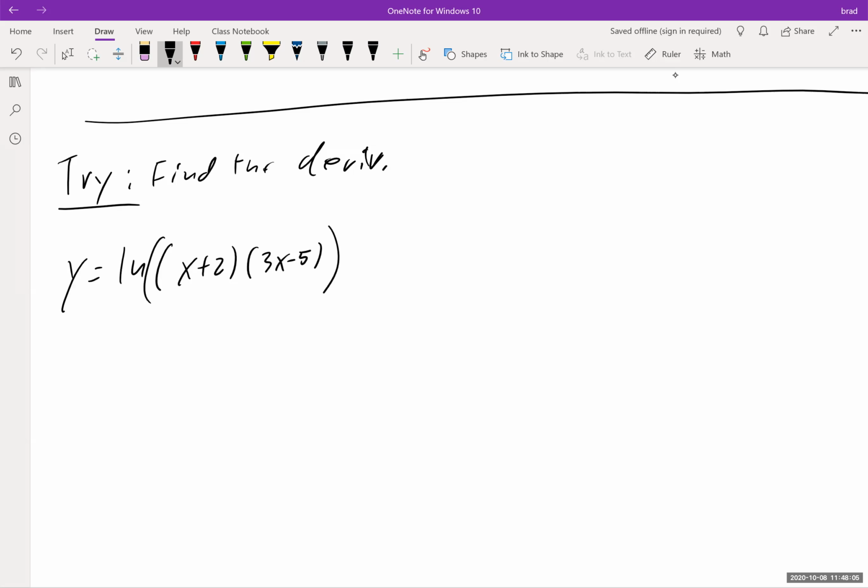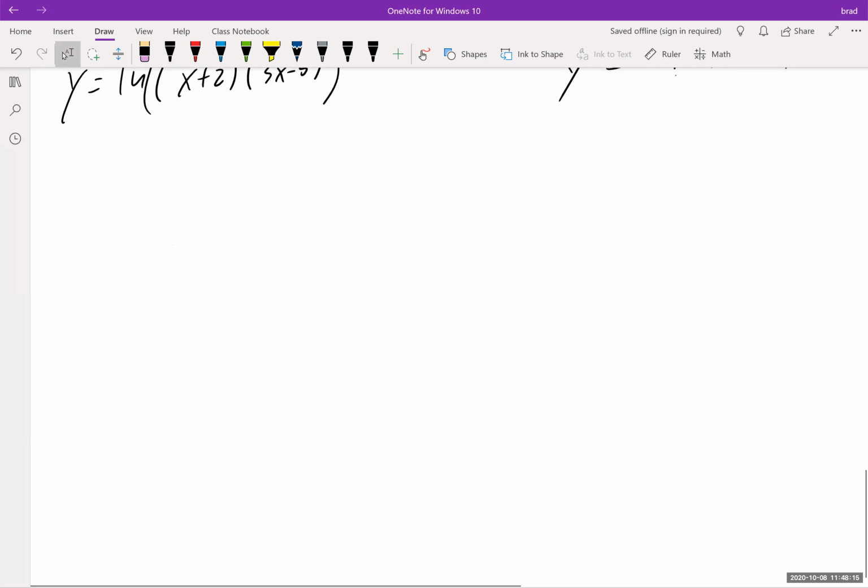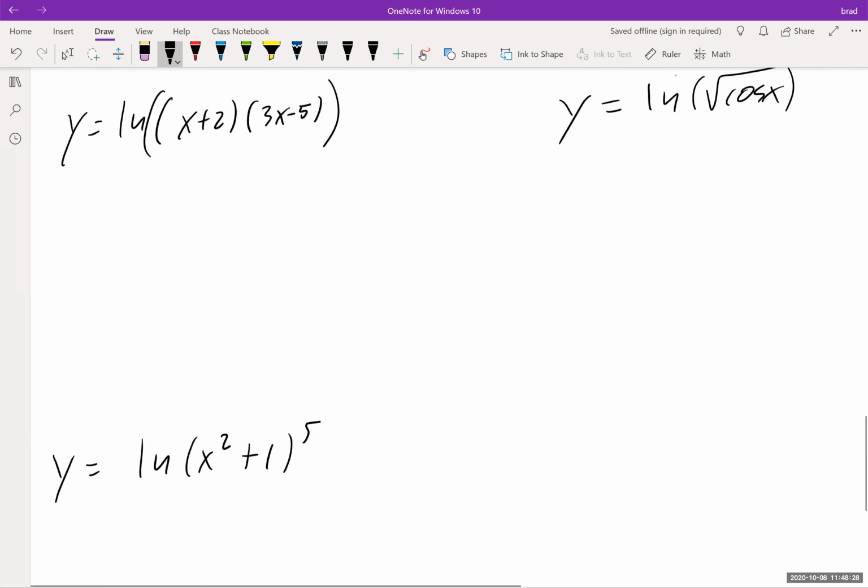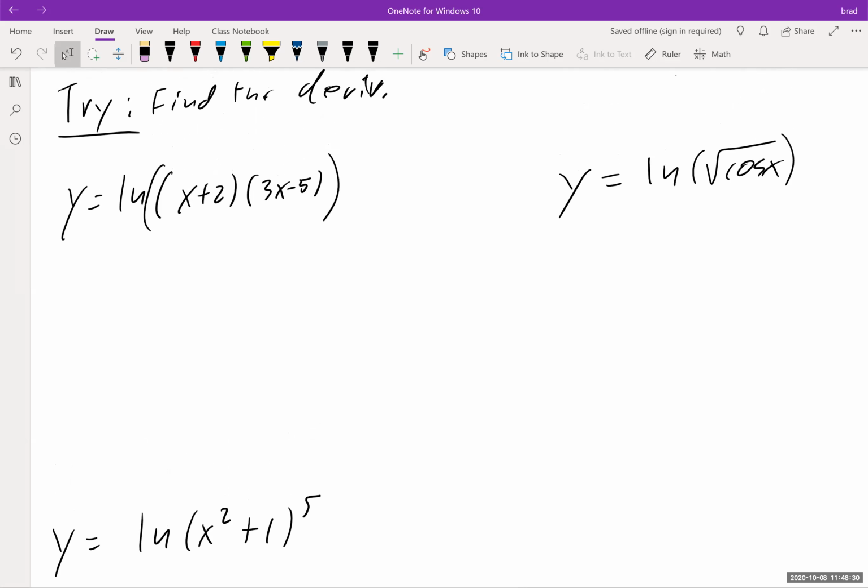Then find the derivative of y equals the natural log of the square root of the cosine of x. That's a good one. And then let's do a nice one: y equals natural log of (x squared plus 1) to the 5th. So pause the video and give these three a shot, and then when you come back, we'll go over them together.